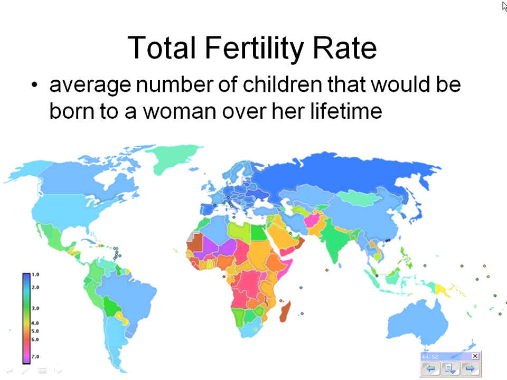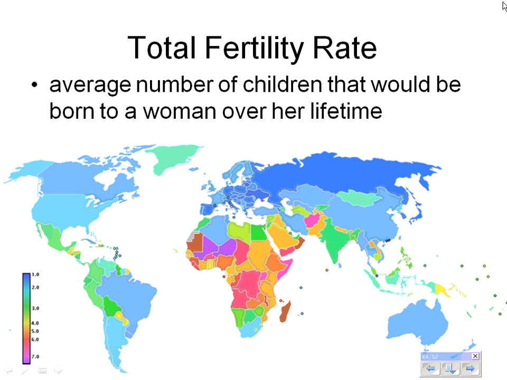Total fertility rate, also known as the TFR. The TFR is the average number of children that would be born to a woman over her lifetime, or the average number of children a woman will give birth to in her childbearing years. Here you can see some TFRs around the world.